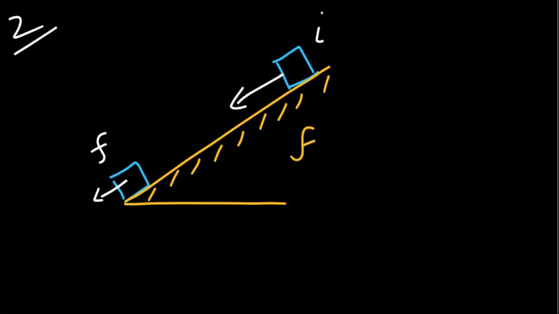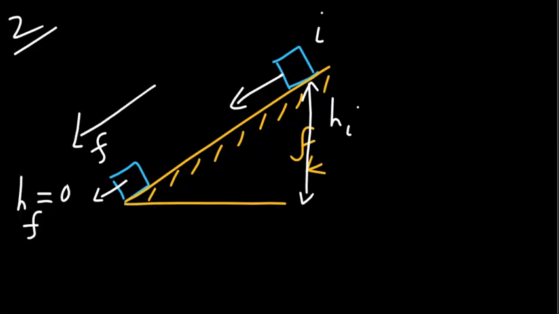Since the object is moving, you have kinetic friction. Let's assume the height of the initial position of the object is hi, and the final location is at the bottom of that inclined plane, so the final height is 0. And let's assume that the length of that inclined plane is d.